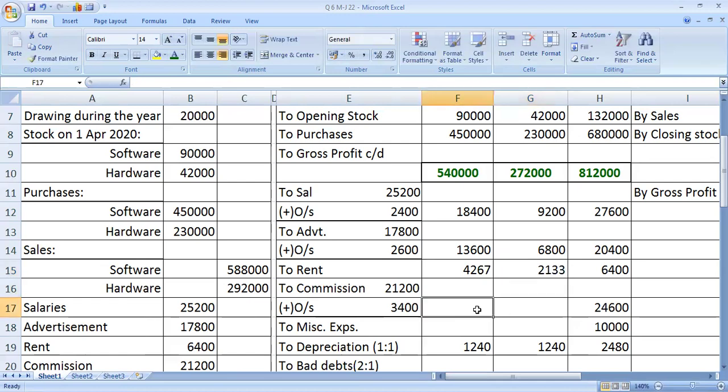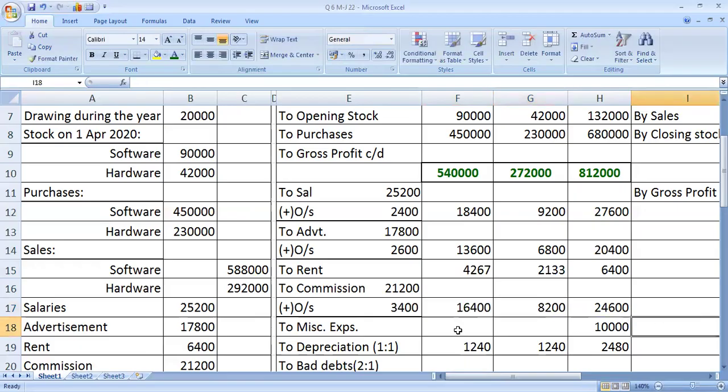Then commission also distribute in the ratio 2:1. 16,400, 24,600 minus 16,400 equal to 8,200.